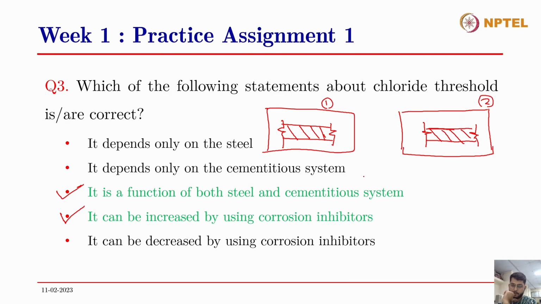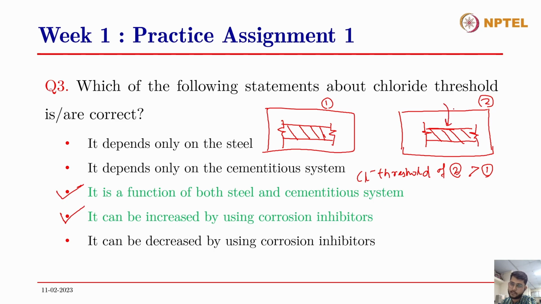Let's say the chloride threshold of 2 is greater than 1. So the amount of chloride that system 1 can take before the passivating film breaks will be less than that of system 2.